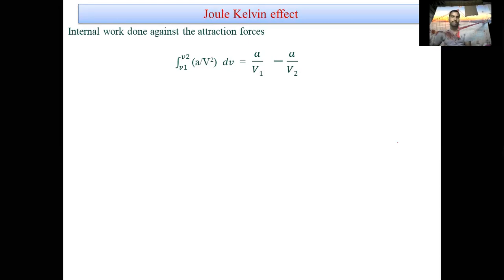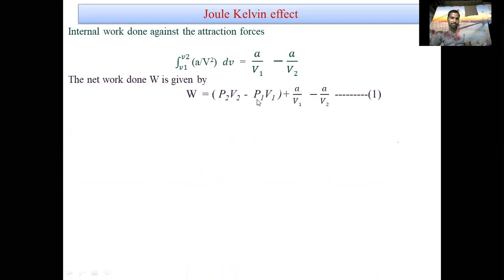Now the net work W is given by W is equal to P2 V2 minus P1 V1, which is equal to P2 V2 minus P1 V1 is equal to A divided by V1 minus A divided by V2. This equation is called equation 1.